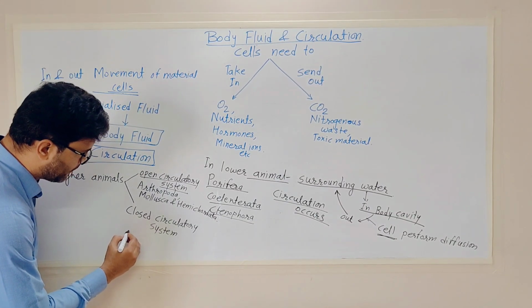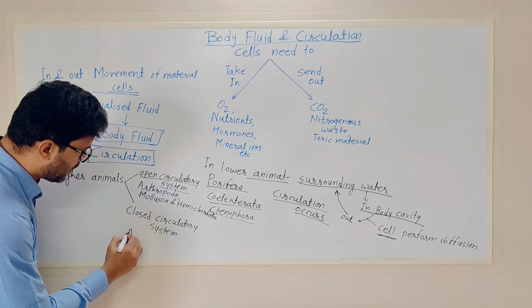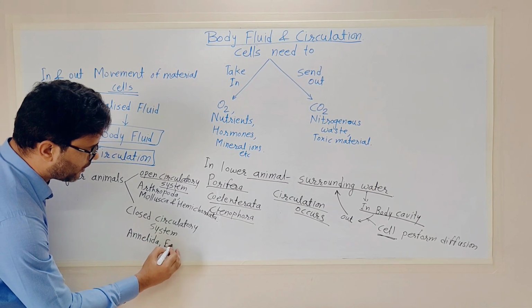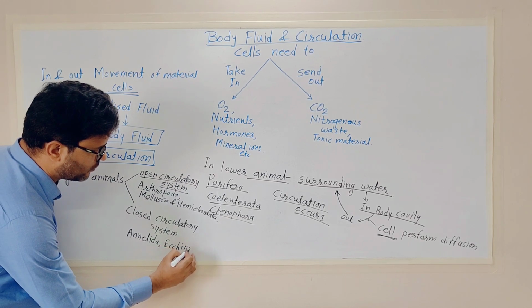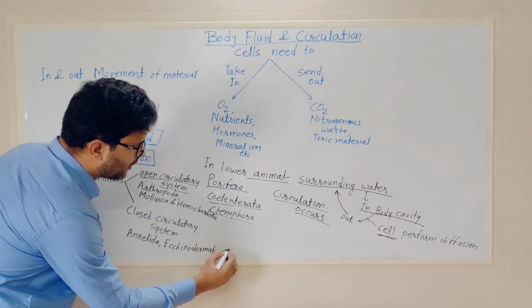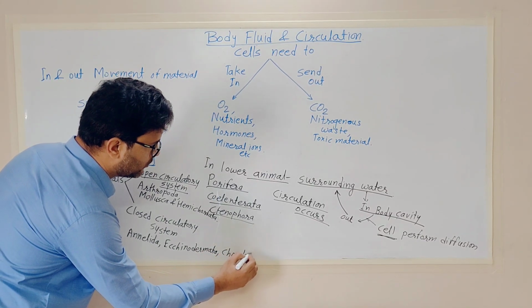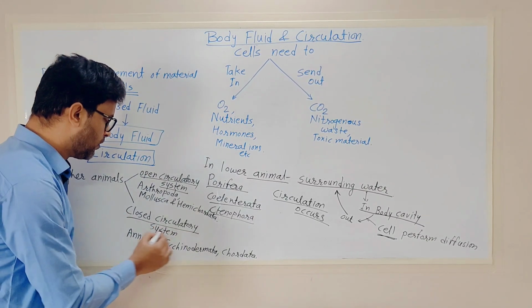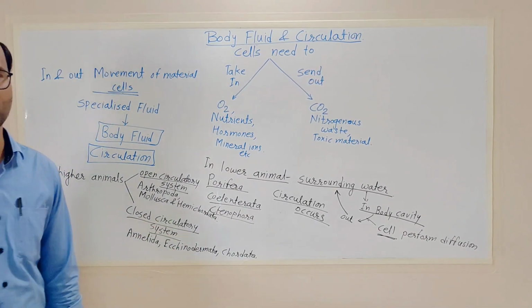Clear? The closed type of circulatory system is found in Annelida, Echinodermata, and our own phylum, Chordata. Clear? So what does a closed type of circulatory system mean?